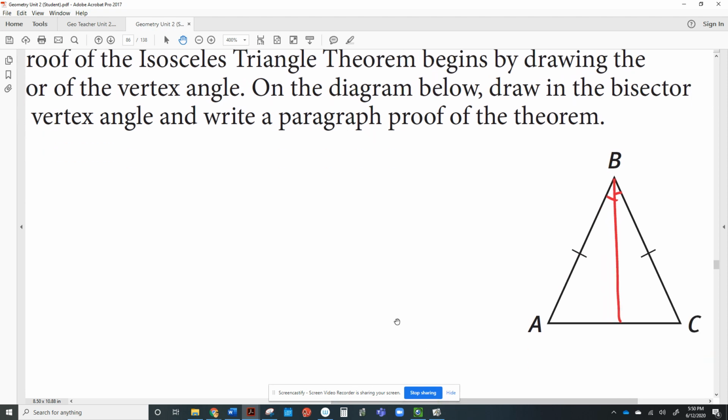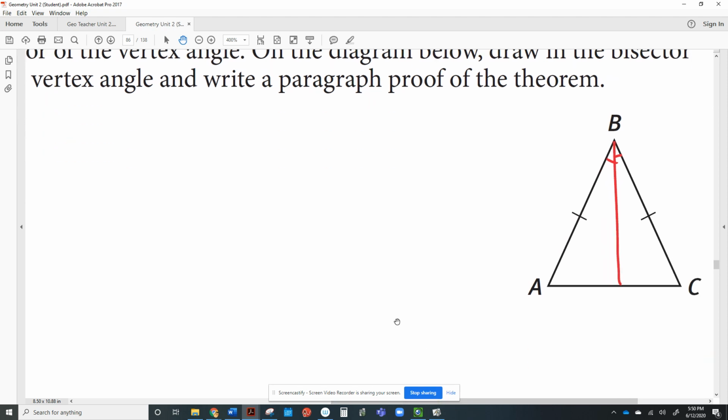So the first thing we would want to do when we write this paragraph proof is I would probably say triangle ABC is isosceles with, and we would want to tell them AB congruent to BC. Tell them which two of the legs. Then I would say that we would need to name this point down here. Are you okay naming it D?